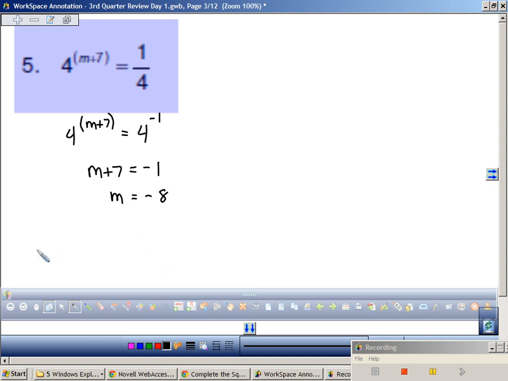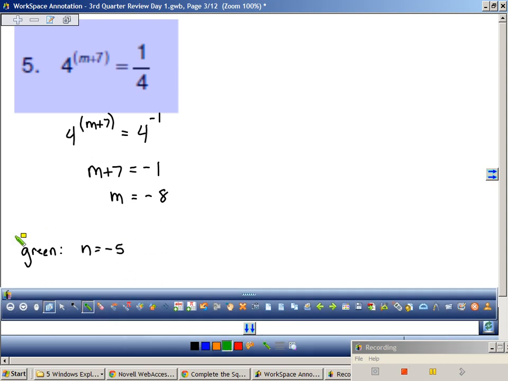And then number 5 on the other one, on the green, is n equals -5. Questions? Anybody else?